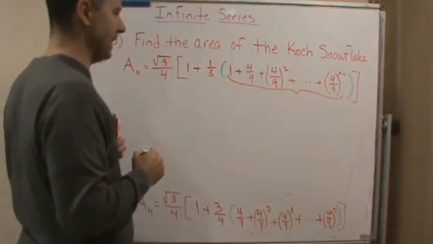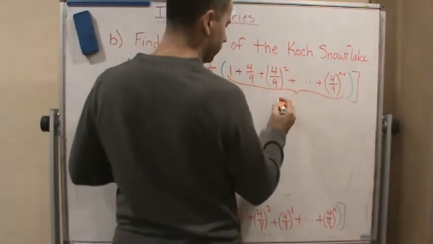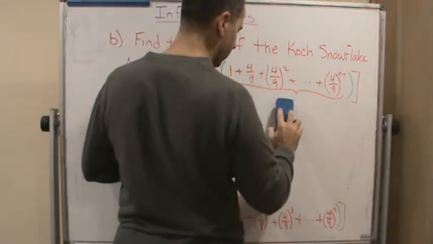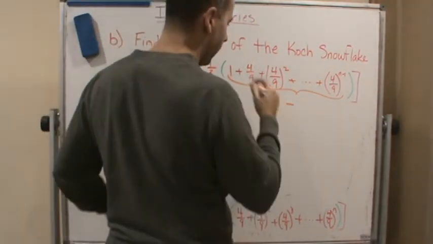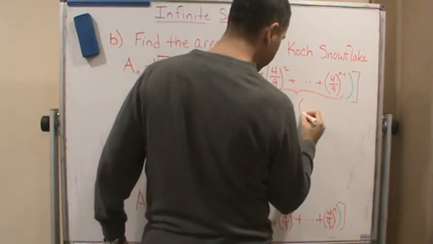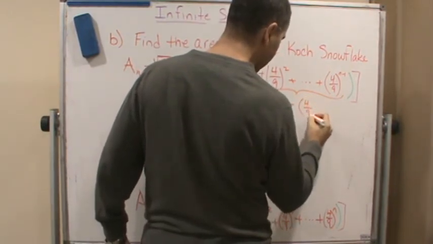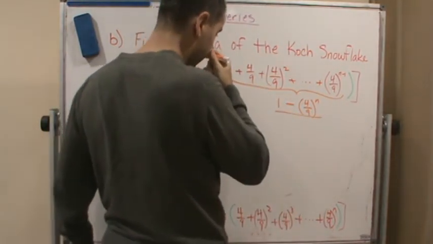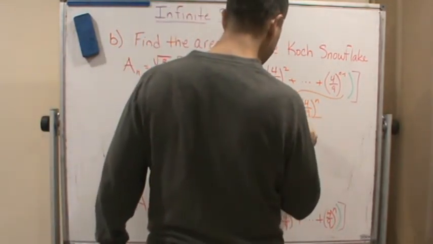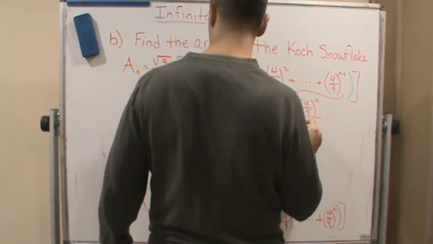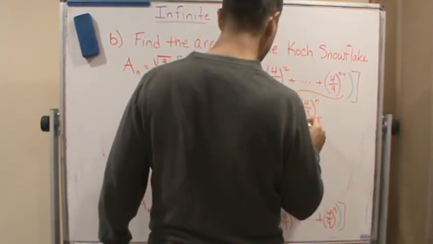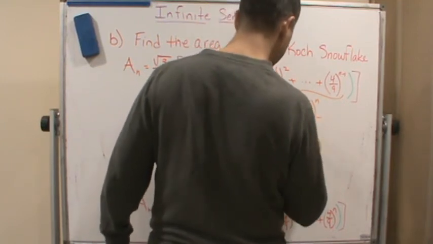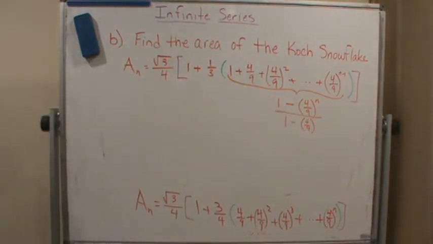That piece there is going to be equal to 1 minus 4/9 to the nth power over 1 minus 4/9. Let me double check that.